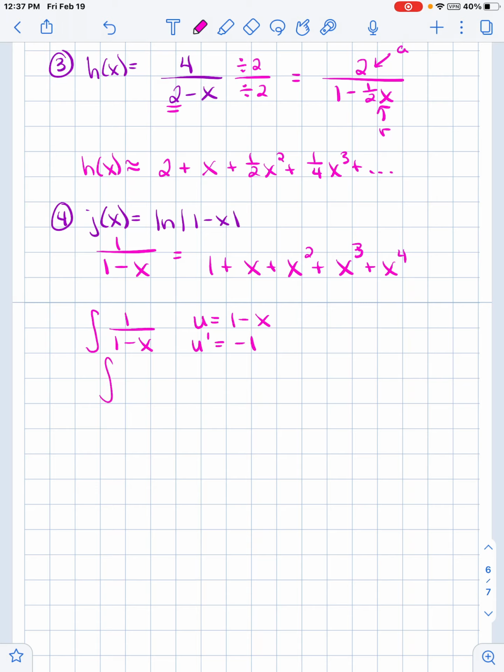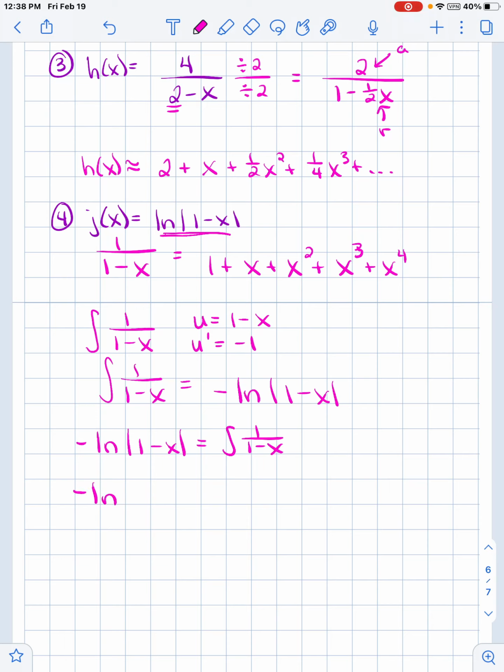So the antiderivative of 1 over 1 minus x is the negative natural log of 1 minus x. We're looking for the natural log of 1 minus x. So the negative natural log of 1 minus x is equal to the antiderivative of 1 over 1 minus x.